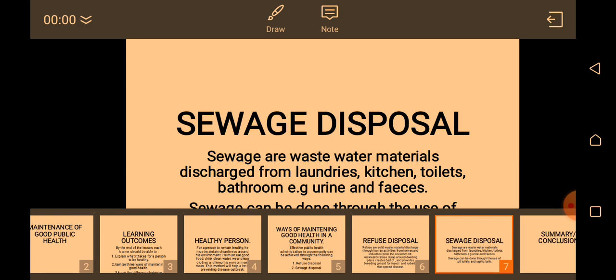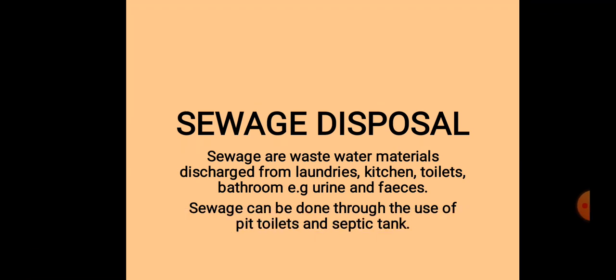Then we also have proper ways we can dispose of our sewage. For the sewage from the toilets and the bathroom, the way you can dispose of it is through the use of a pit toilet and a septic tank.